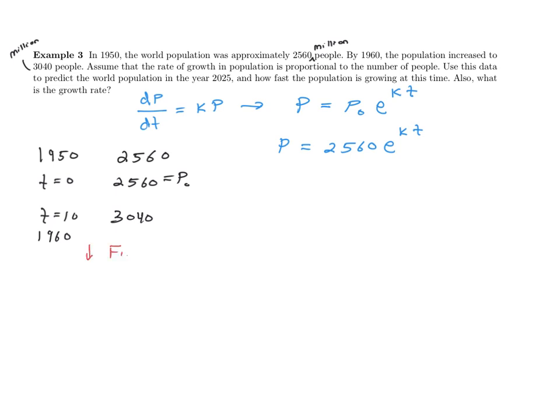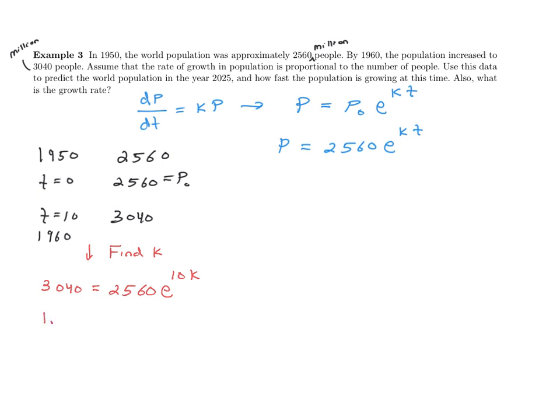We're going to find k. I'll put 3,040 in place of P. I'll have 2,560 times e to the, and if I put 10 in place of t, I get 10k. I'm first going to divide both sides by 2,560, so I'm getting my calculator out. 3,040 divided by 2,560 gives a decimal, which is not really a problem.